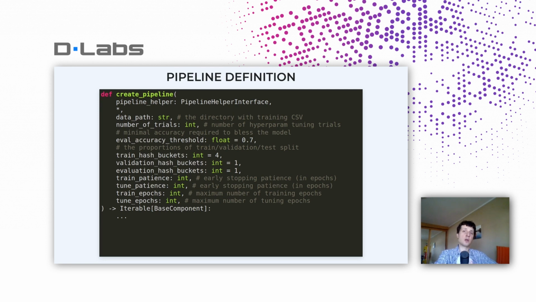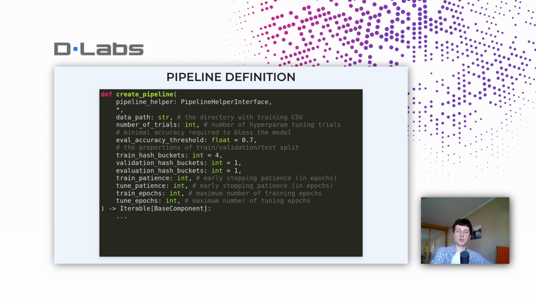But if you are using our TFX helper library, then you will definitely want the pipeline helper to be the first argument you get. This is going to be the utility that will help us to select the correct version of a component. If we'll be running in the cloud, it will select for us the cloud version of a component. If we'll be running locally, it will select the standard version of a component.